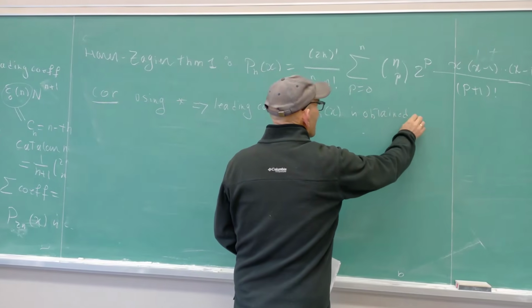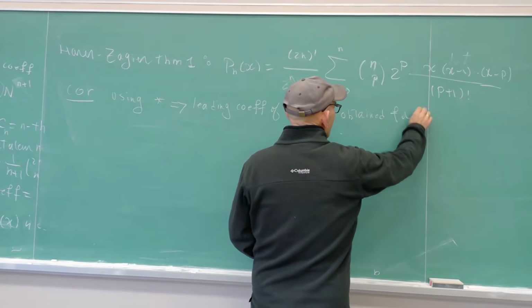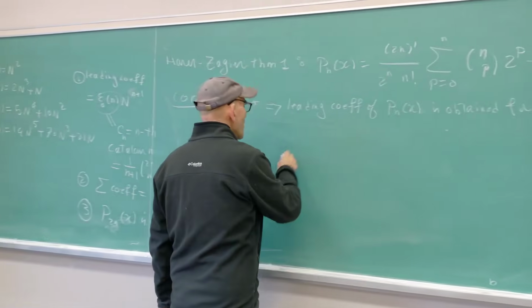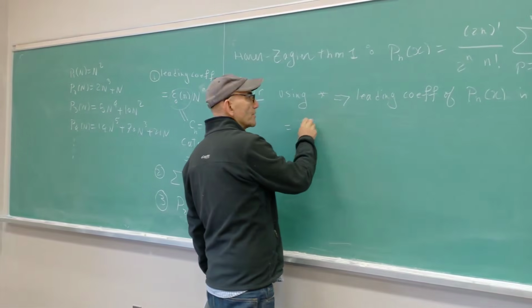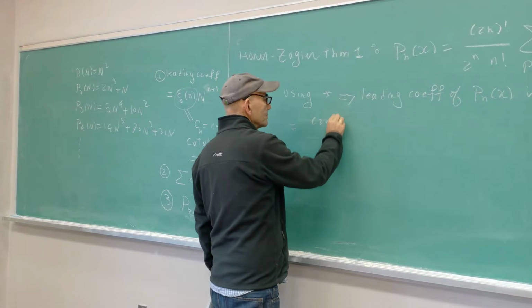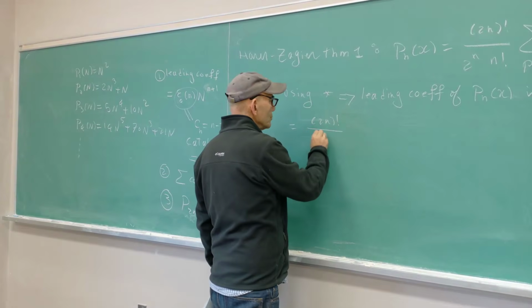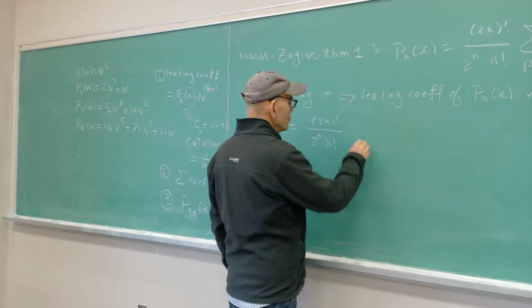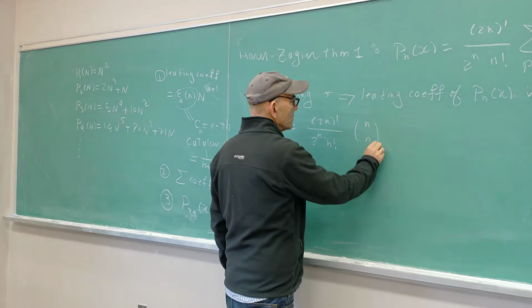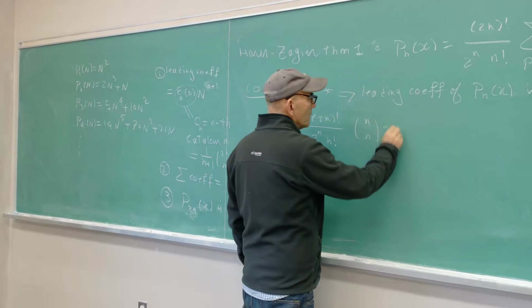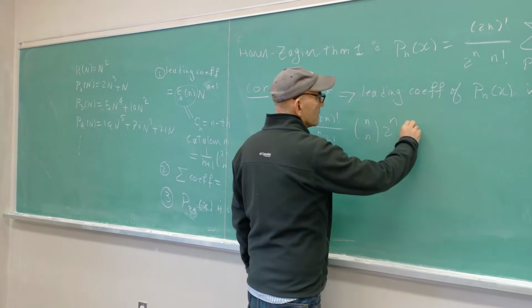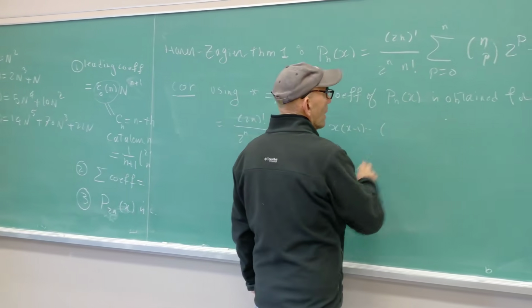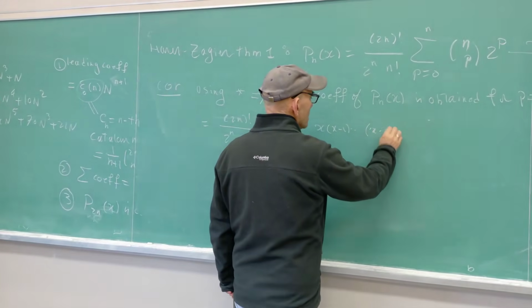So it is going to be (2n)! over 2^n n!, then n choose n, then 2^n, and then x(x minus 1)...(x minus n).